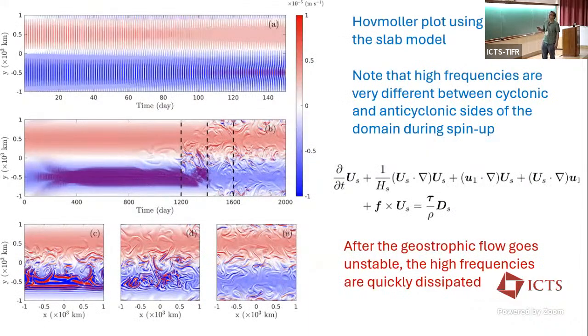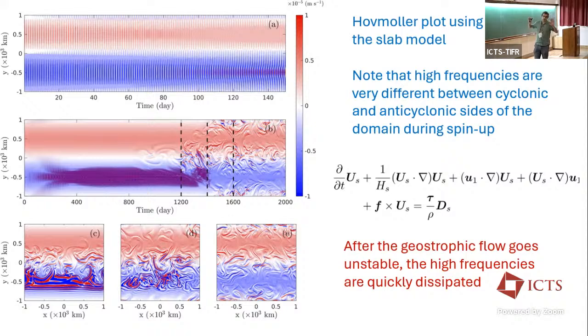This is a Hovmöller plot, so time on the x-axis and latitude, or y, on the y-axis, of a spin up from rest of that previous simulation. And the field that I'm plotting is just W, right?